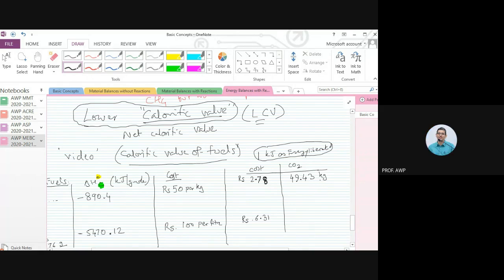Okay, I'm writing 49.43 grams, and for octane, it's 64.35. Check your units.